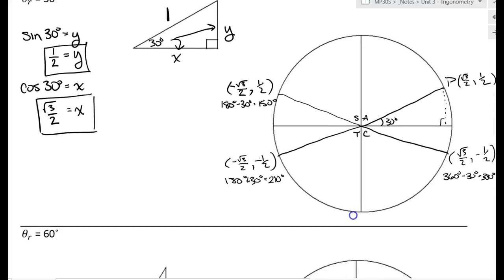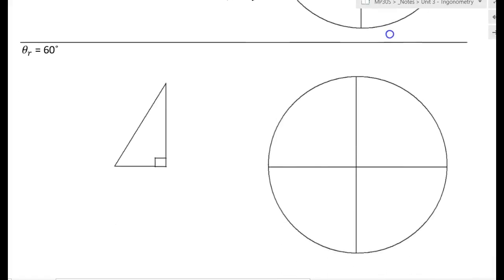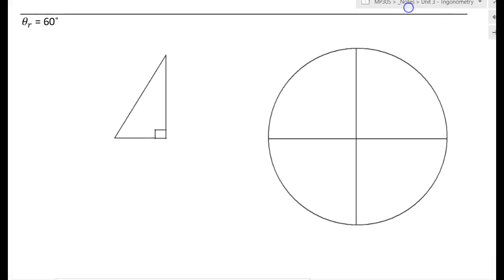But what's cool about our next angle, and you again might have noticed this when you were doing our introductory activity, is the fact that this triangle for 60 degrees ends up being similar to our 30-degree triangle. So our radius is still 1. We're dealing with 60 degrees as our interior angle to the origin.